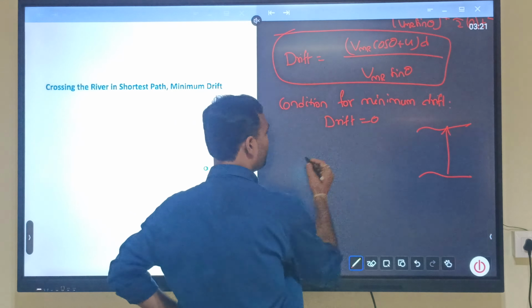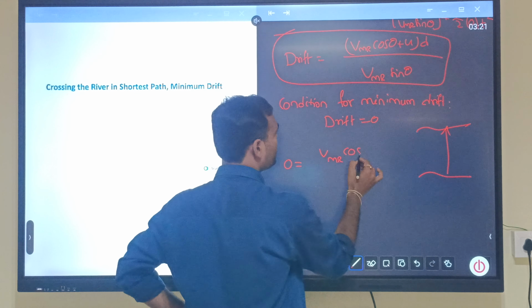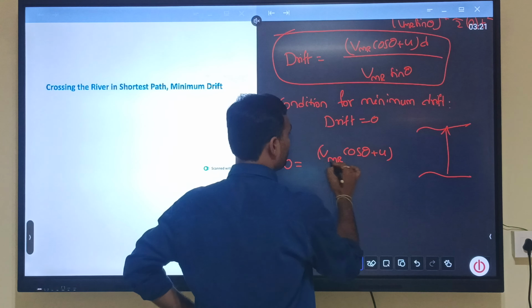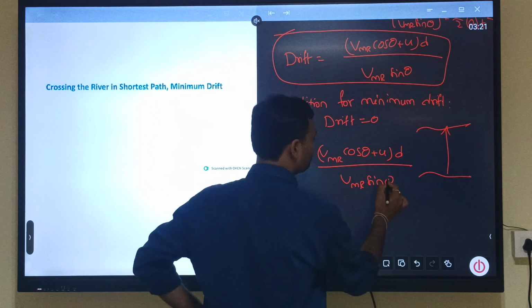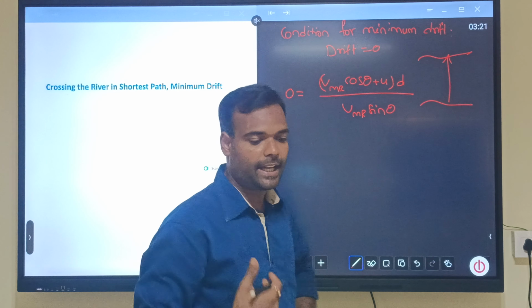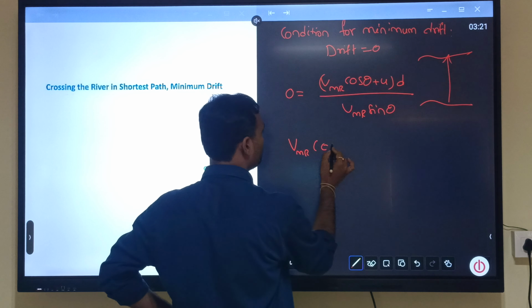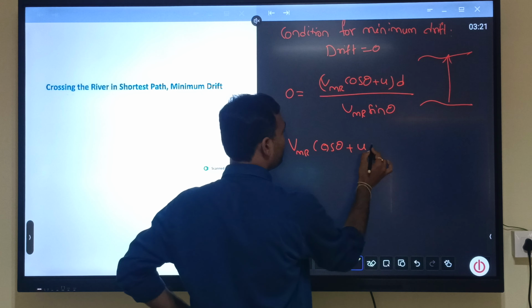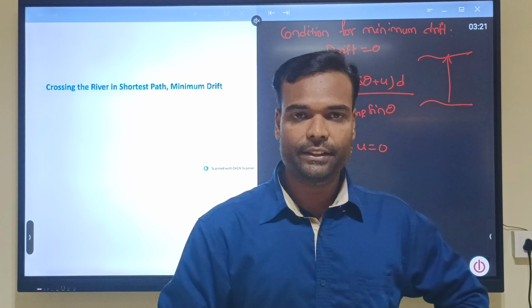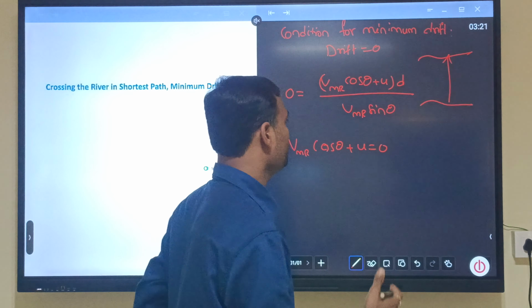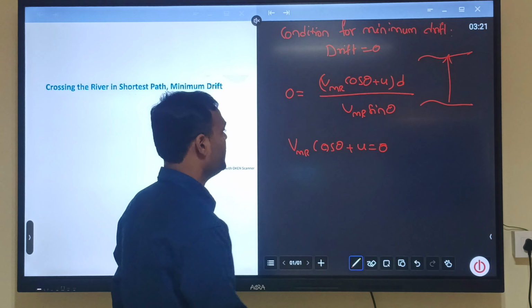If he has to reach exactly the opposite point, then 0 equals (Vmr cos theta plus u) into d by Vmr sin theta. So Vmr sin theta, if it comes to the left side, Vmr cos theta plus u is equals to 0, because d is the constant term, the separation of the river from one bank to the other bank, which is a constant.